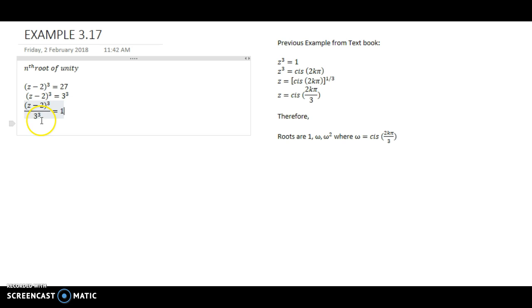So we are then trying to group all of this to get the z complex number by itself. So again, we can group that into a fraction, put it all into a set of brackets, and instead of writing it as 1, we can now write it as cis 2k pi.